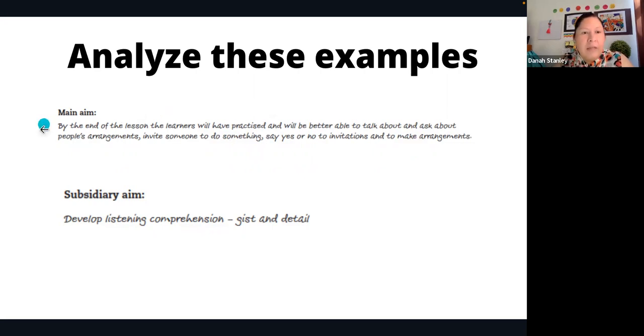Entonces, in this case, I need to be very, very aware, and I need to understand very, very well what the meaning of my main name is. Entonces, es practice. No voy a presentar ni vocabulario, ni grammar, ni idioms, ni nada.